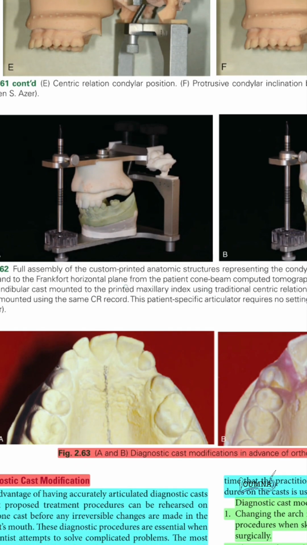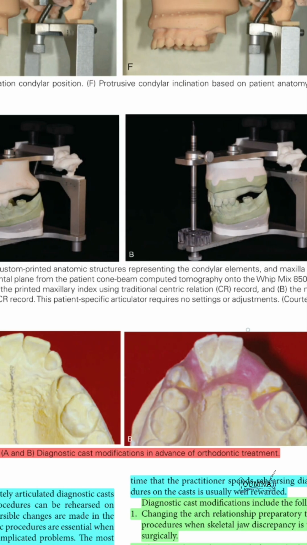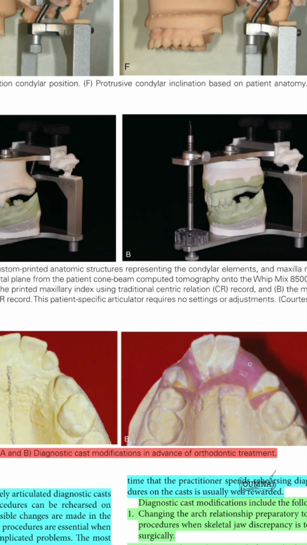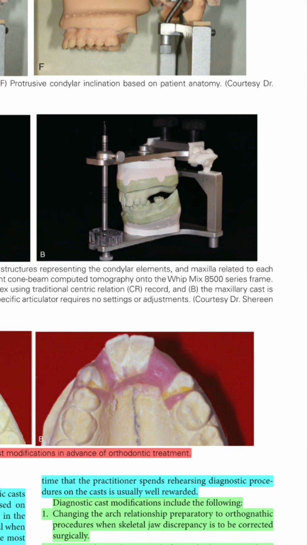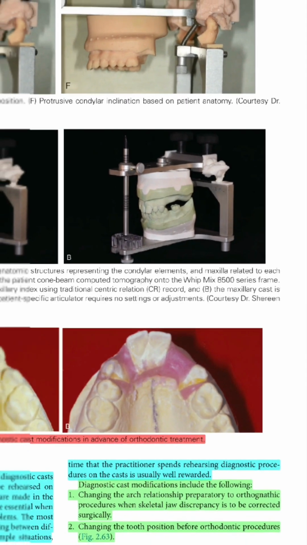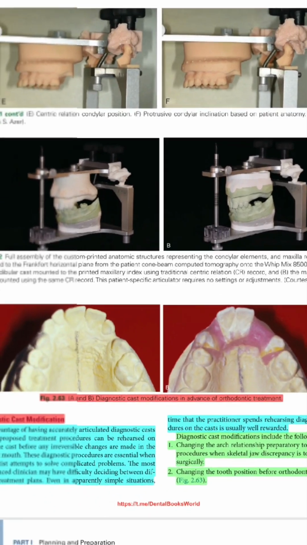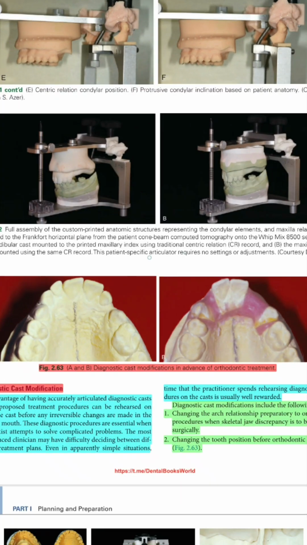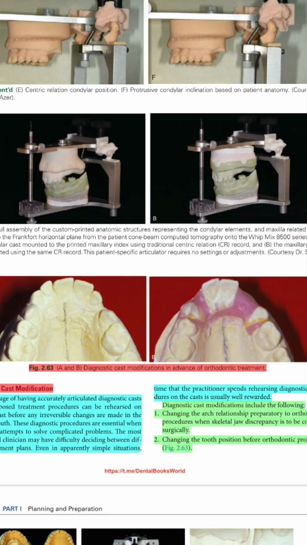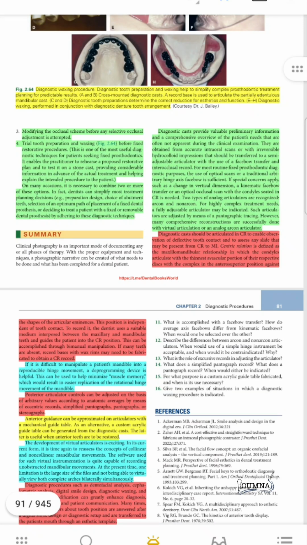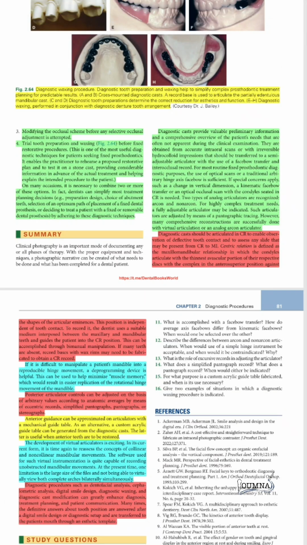Then we assemble the mandible in accordance to the maxilla, where we take the central relationship previously using the traditional centric relationship record. We have seen that we should examine the surrounding structures of the tooth, which are the muscles and the temporomandibular joint.